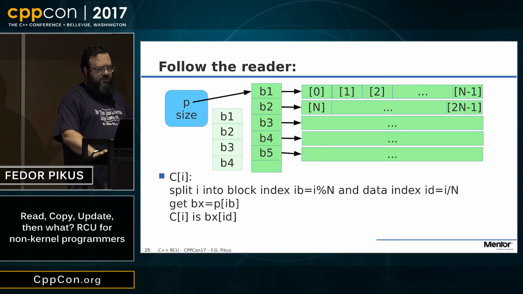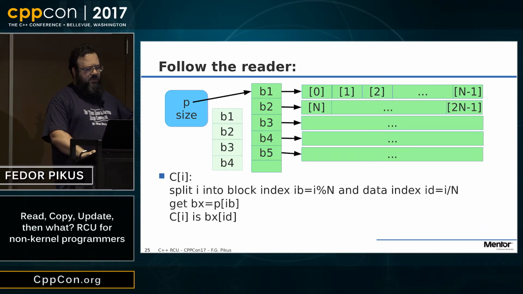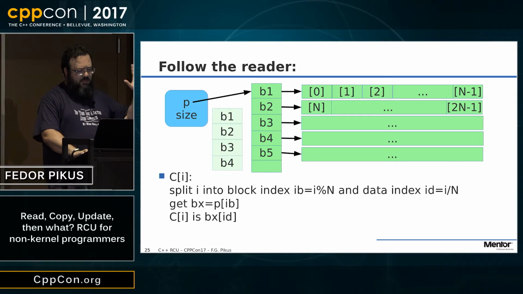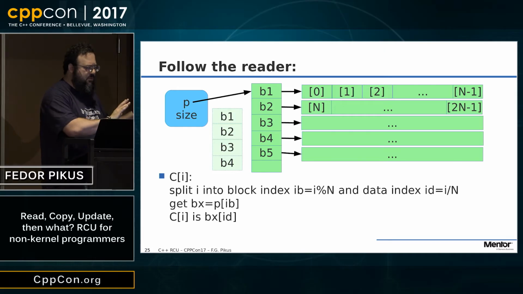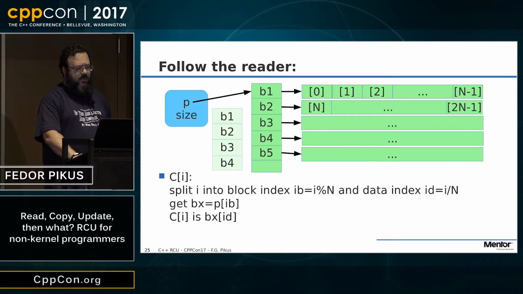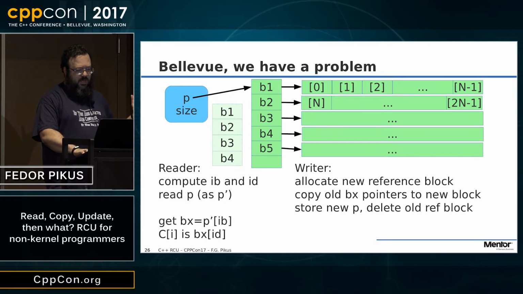So what do the readers do? First, they split the index into the block index and the data index, not using the modulo operator as shown on the slides. Then they get the pointer to the data block using the block index, and then they get the data itself using the data index. What happens if the writer is going on at the same time?